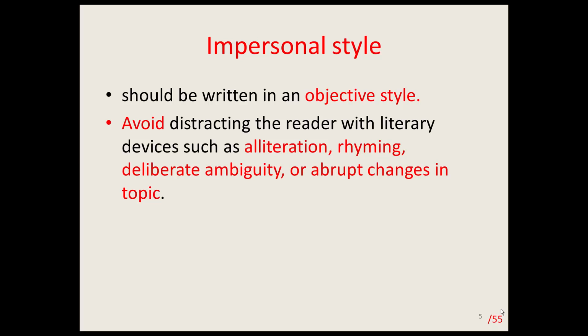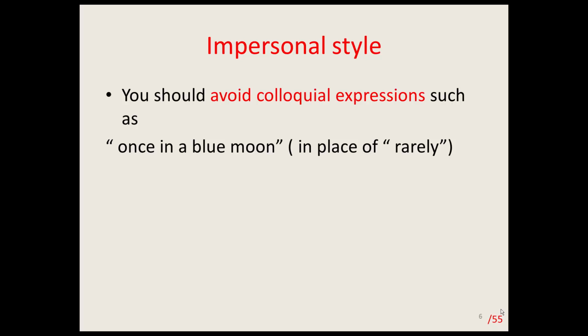You have to use an impersonal style and be objective and avoid using any alliteration or rhyming words or anything to amuse or entertain your reader. Also, you should avoid colloquial expressions such as once in a blue moon, or the kind of things that ordinary people talk in everyday conversations.